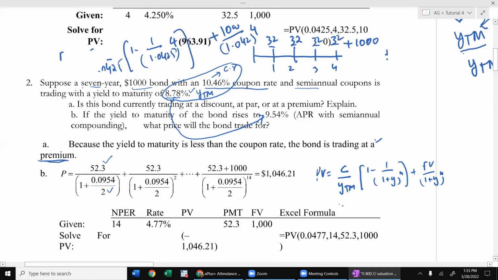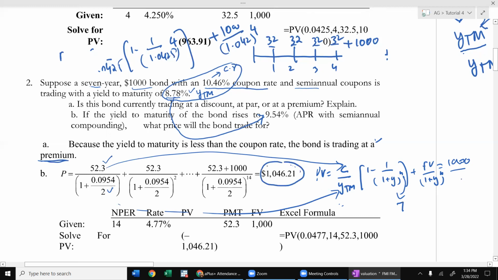And since it's a 7-year, so n is multiplied by 2, which is 14. Okay, so this is the coupon payment. This will be your YTM. FV is equal to 1000, and YTM you also know it is 4.77%. And when you do the calculation, your answer is 1046.21.